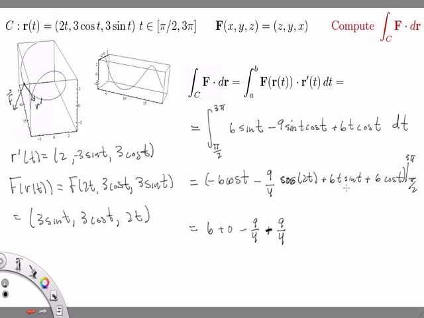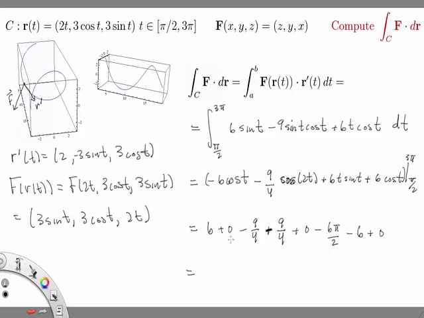So then here I get sine of 3 pi is 0, and then minus sine of pi over 2 is 1, so I get 6 pi over 2. And then cosine of 3 pi again is negative 1, so I get minus 6, and then cosine of pi over 2 is 0, so that last term evaluates to 0.